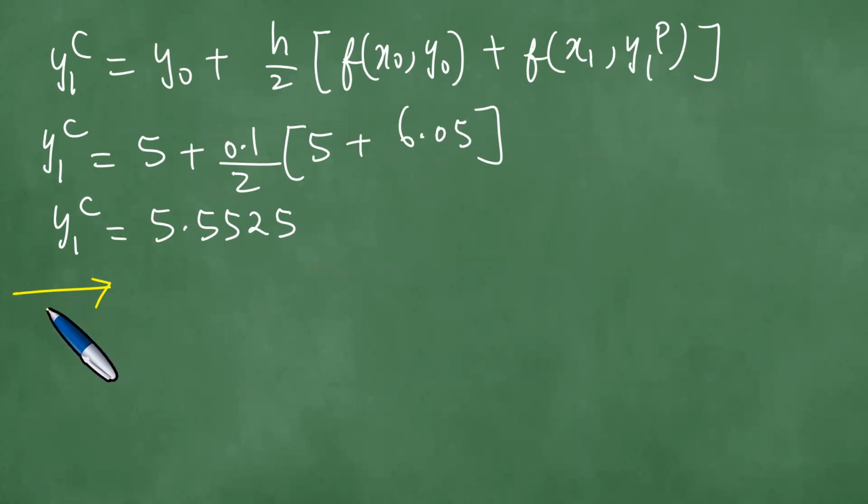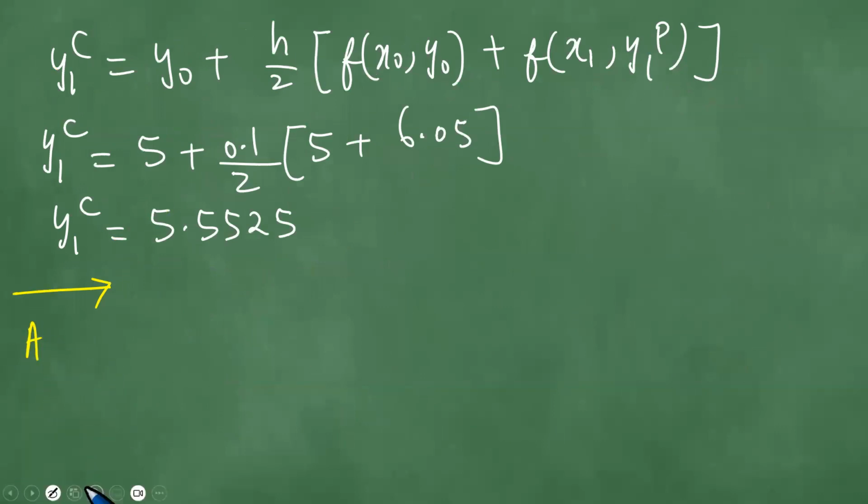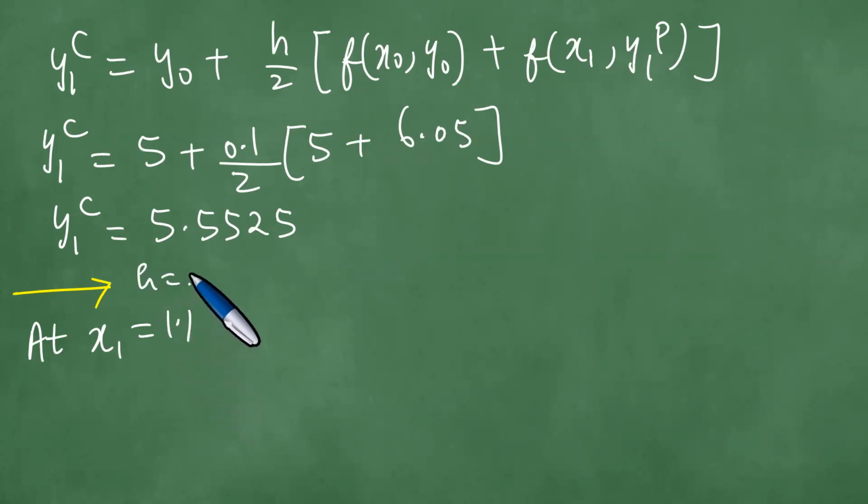Okay, let's do the predictor now again. So, for example, at x1, which is 1.1, because x0 is 1, but h is 0.1. So just add the h to x0.